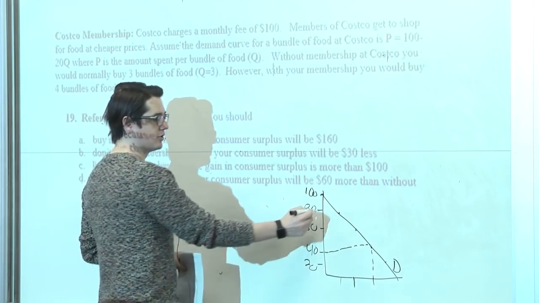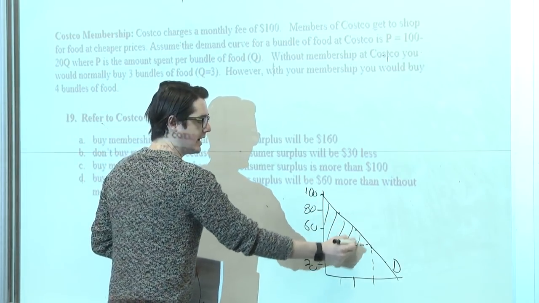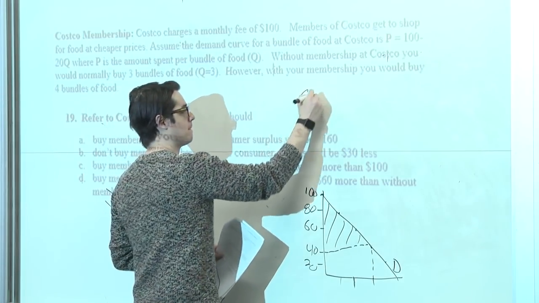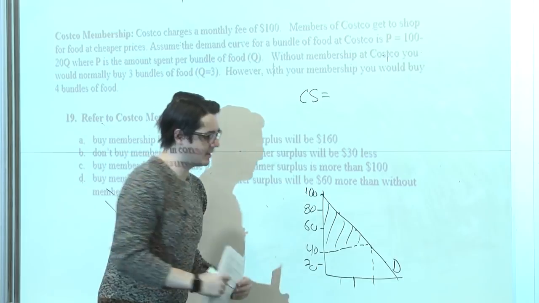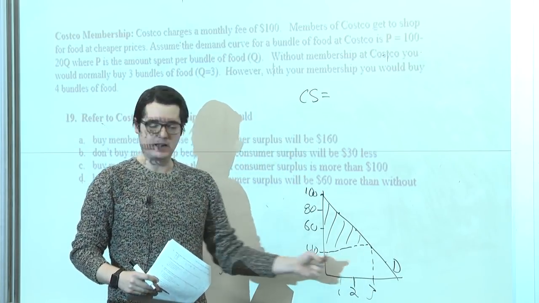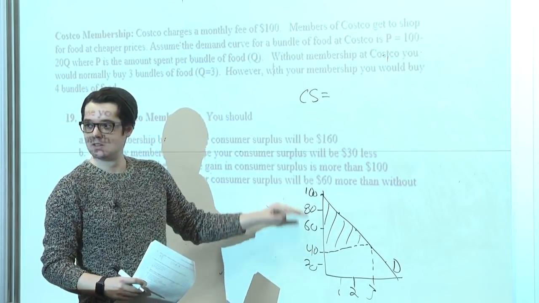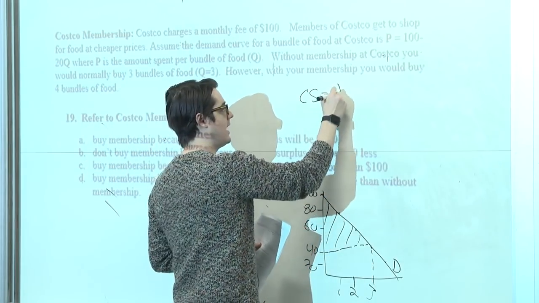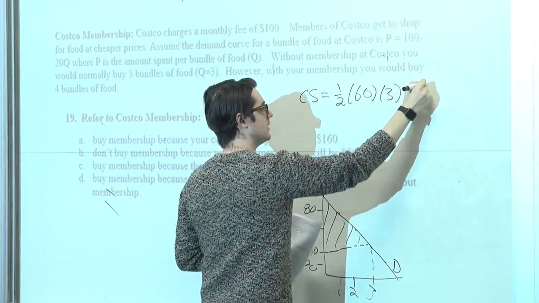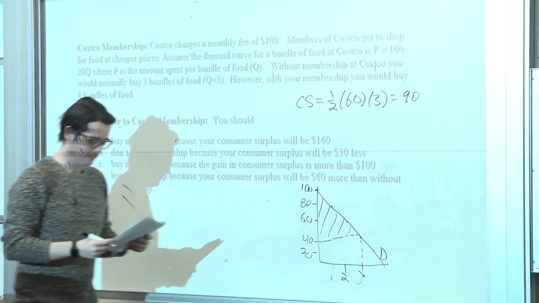So then our consumer surplus is just going to be the area underneath that demand curve. All right, so the base of this then is going to be 3, and the height is going to be from 40 to 100. Yeah, so 1/2 times 60 times 3 equals 90.